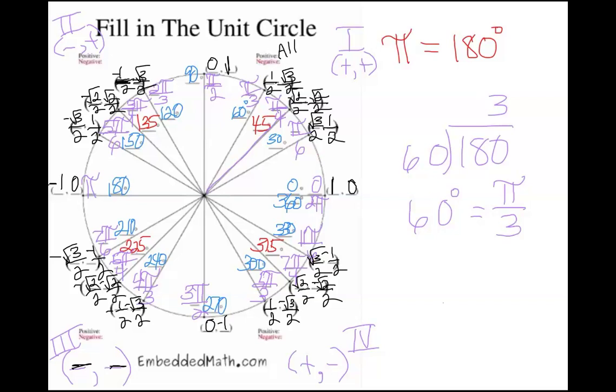All three are positive. Okay. Now, over here in the second quadrant, the only positive one is y. So the positive one is sine. Okay. The two negatives are cosine and tangent.